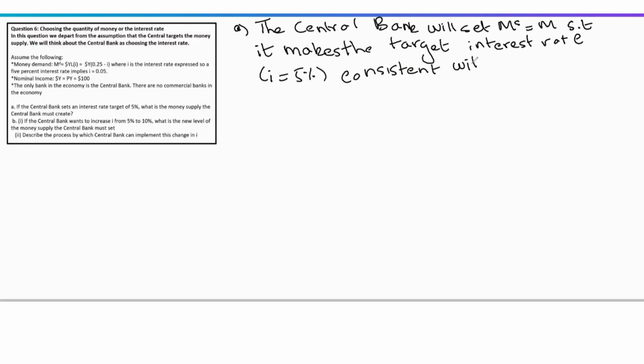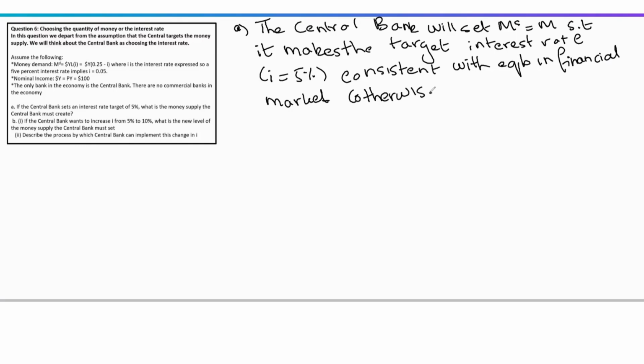Basically, you need to choose the money supply such that your target interest rate is what the equilibrium interest rate in the financial market is. Otherwise, market forces will try to change it.